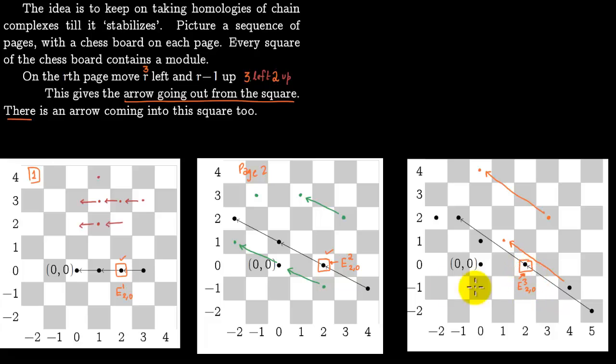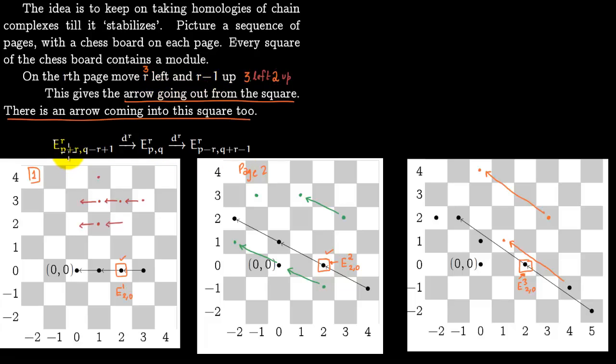So you have this sequence of modules sitting on every page, but you know that page 2 is nothing but the homology which you have computed in page 1, and page 3 is nothing but the homology which we have computed in page 2, corresponding to the arrows given to us. So this is how in general it looks like. If there is an arrow going from E^r_{p+r, q-r+1} to E^r_{p,q}, here basically this rule: r left and r minus 1 up.